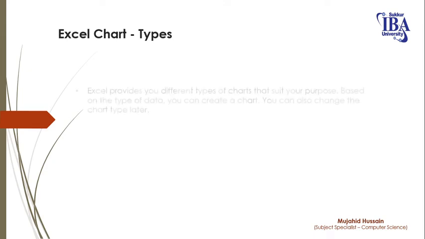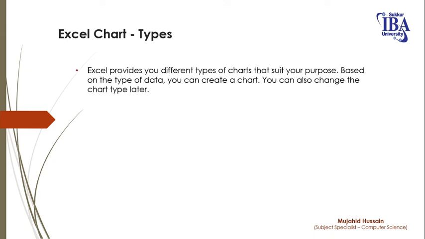Then Excel chart types: Excel provides you different types of charts that suit your purpose based on the type of data. You can create a chart, and you can also change the chart type later on. Hence, if you have entered data and created a chart, later on if you want to change that chart type, you can change it.